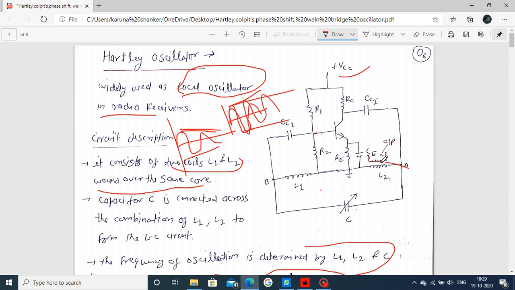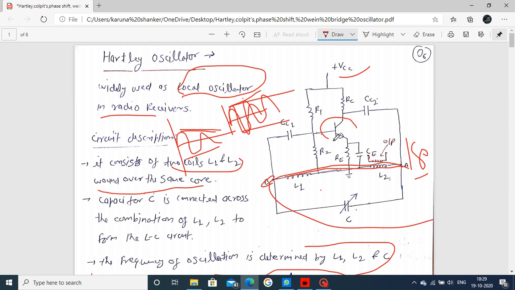This oscillatory circuit is producing across terminals A and B. There is a 180 degree phase shift provided across A and B, where this is the B terminal and this is the A terminal. Next, a further 180 degree phase shift is obtained from the common emitter transistor property.